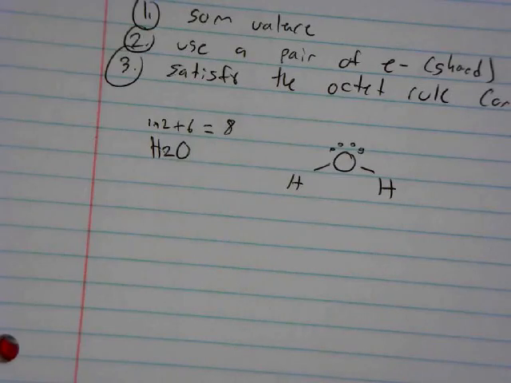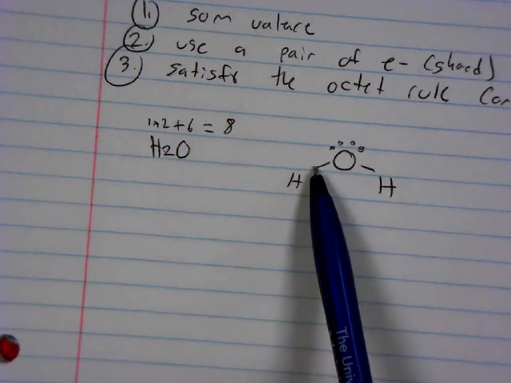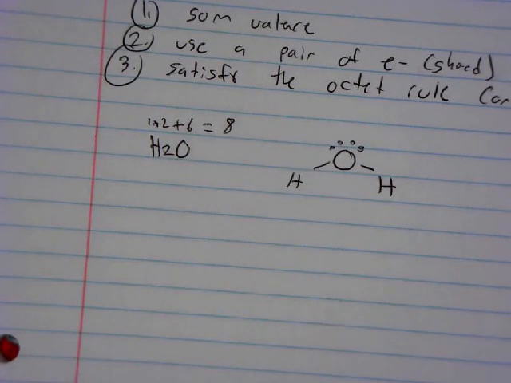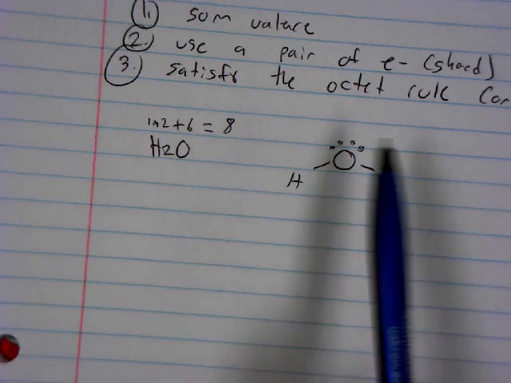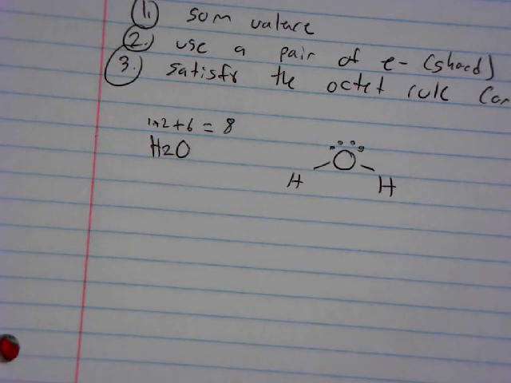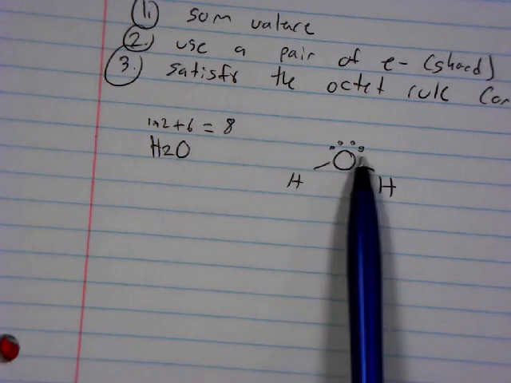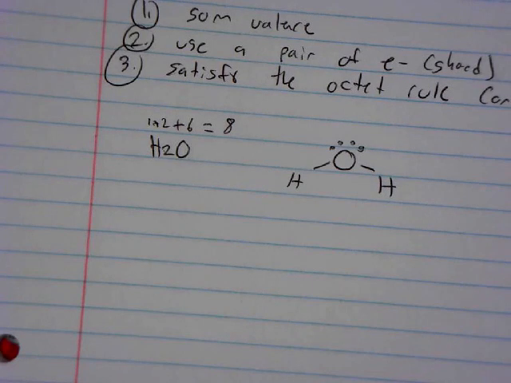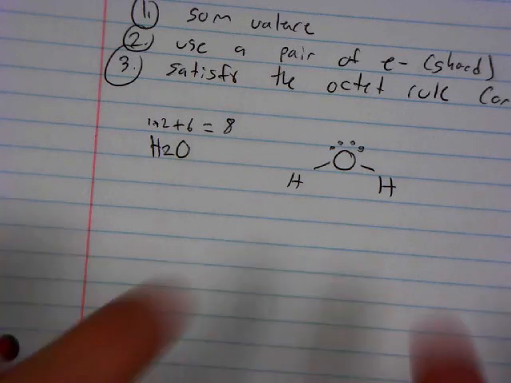So I've accounted for 4 electrons. Can I add any more bonds for hydrogen, right? No, hydrogen only wants 2, yes? So this is going to leave 2 lone pairs for oxygen. And now I have shown 2, 4, 6, 8 total electrons, and that is the Lewis structure for water.